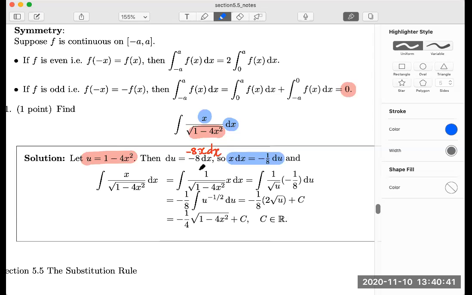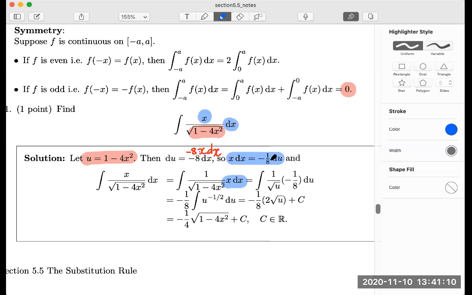Very good, yeah. Then we see that x dx, we can write it as negative 1/8 du. So now let us replace this original integral, okay? And we rewrite this function as 1 divided by the square root of 1 minus 4x squared, times x dx here, okay?